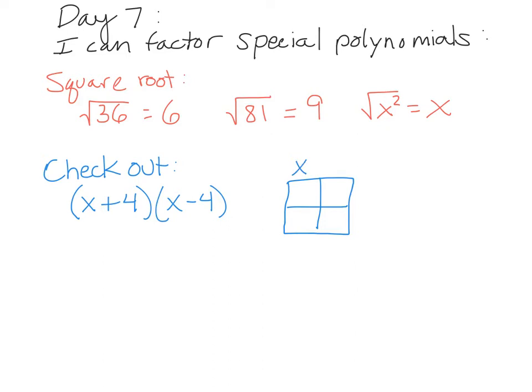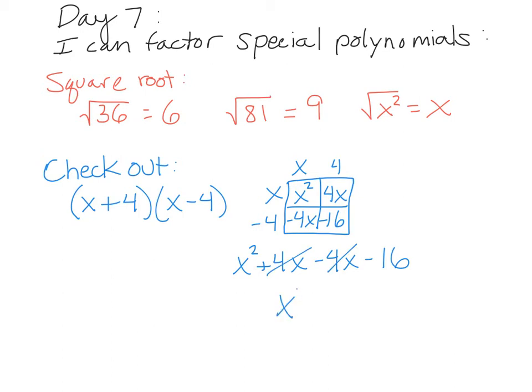Here's x and 4, and x minus 4. We get x squared, 4x, negative 4x, and negative 16. Writing that out, we've got x squared plus 4x minus 4x minus 16. These cancel each other, plus 4x minus 4x, and we've just got x squared minus 16.